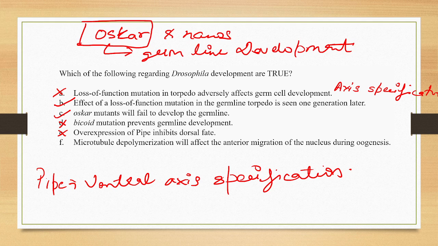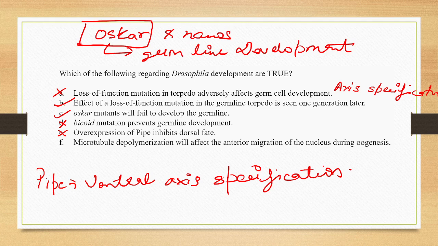Fine. Then next is: microtubule depolymerization will affect the anterior migration of the nucleus during oogenesis. See, depolymerization means that the polymers are getting detached from each other. Obviously, microtubules are important for the proper migration of the oocyte nucleus.